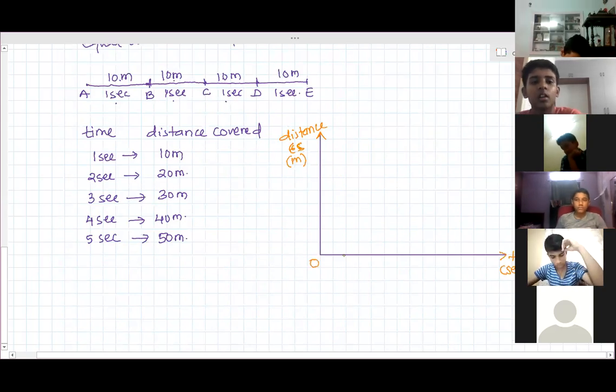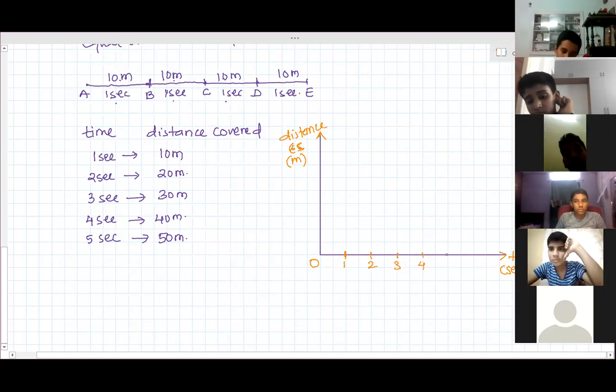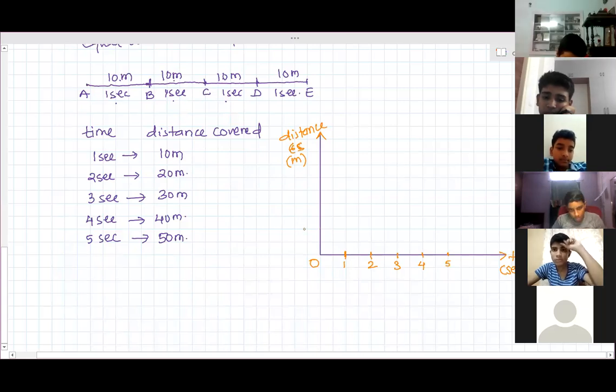Start with 0. This is 1 second, 2 seconds, 3 seconds, 4 seconds, 5 seconds. And 10 meters, 20 meters, 30 meters, 40, 50. Here it is 50.